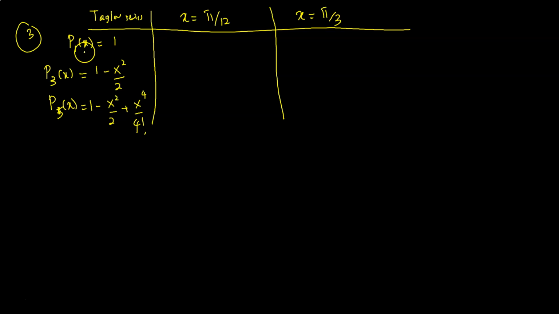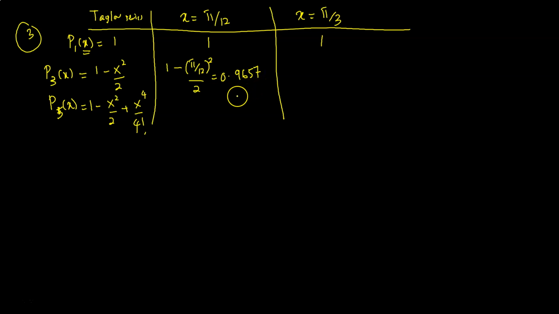When we substitute x with pi over 12, P1 is equal to 1, because any value of x will give P1 equal to 1. Same with x equal to pi over 3. And then when we substitute x equal to pi over 12 in the P3, we'll get 1 minus this x, class. You substitute with this value. So pi over 12 to the power of 2 divided by 2, you'll get the answer equal to 0.9657.